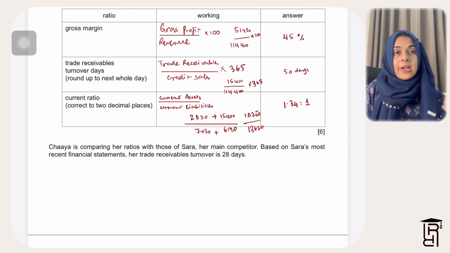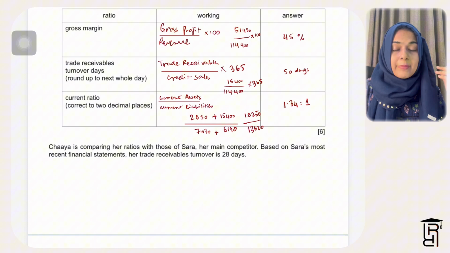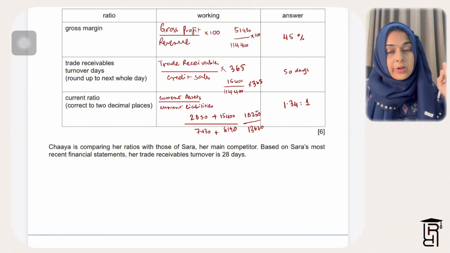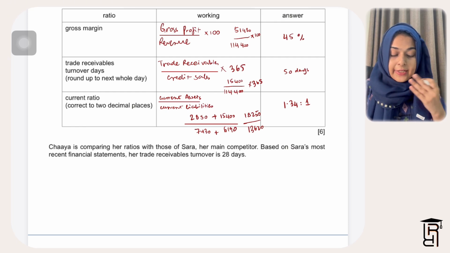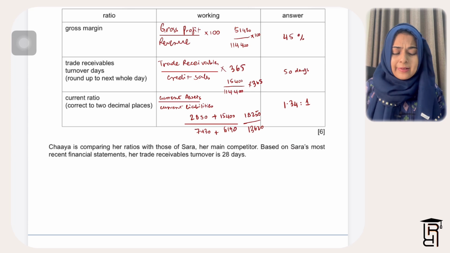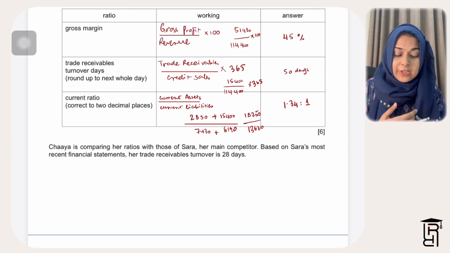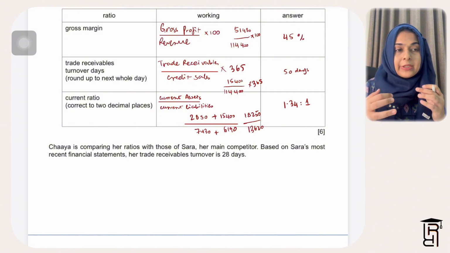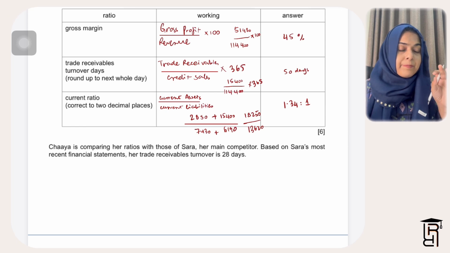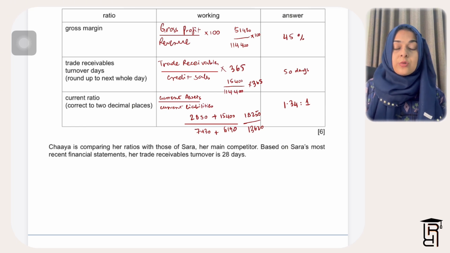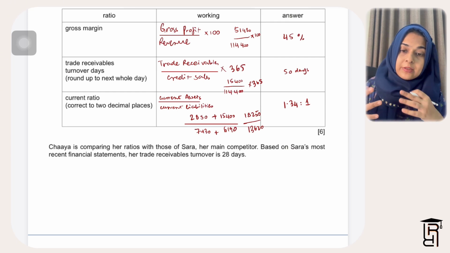Chaya must keep reminding customers of their amount due, issue invoices on time, and issue statements of account on time, but Chaya doesn't do that, or her credit control policy is not very effective. Then Chaya may not be allowing her customers cash discounts for prompt payment. Sometimes, if my customers pay me within, let's say, 20 days, I give them a further discount on the amount that is due.